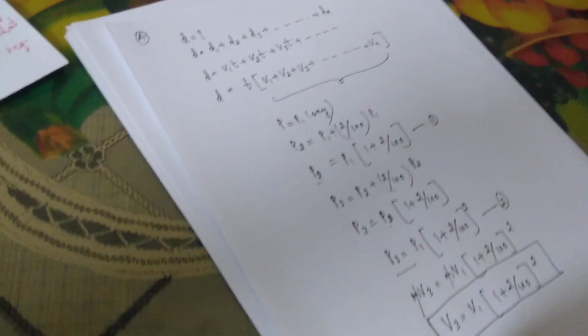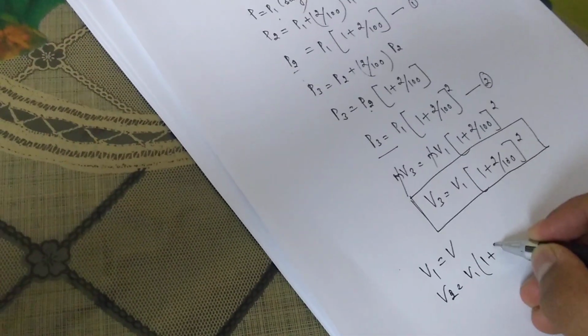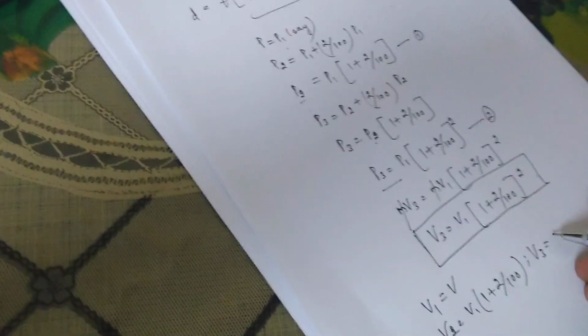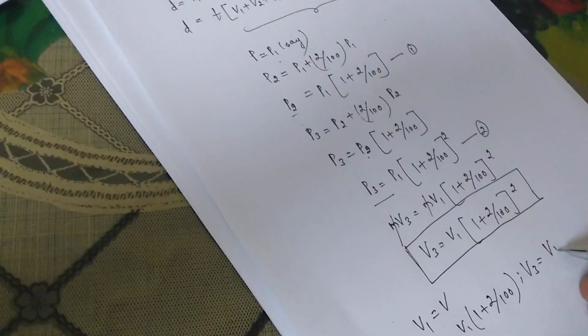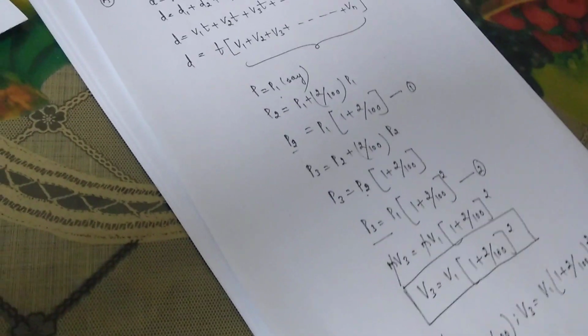If the momentum is in geometric progression, velocity will also be in geometric progression. So V1, V2 equals V1 into 1 plus 2 by 100, V3 equals V1 into (1 plus 2 by 100) whole square.